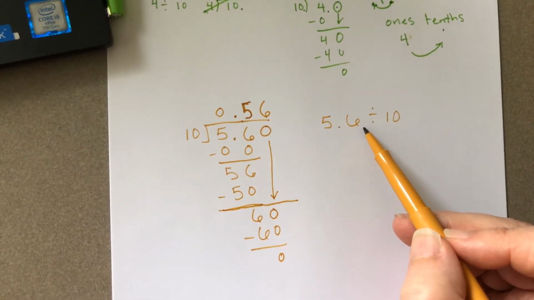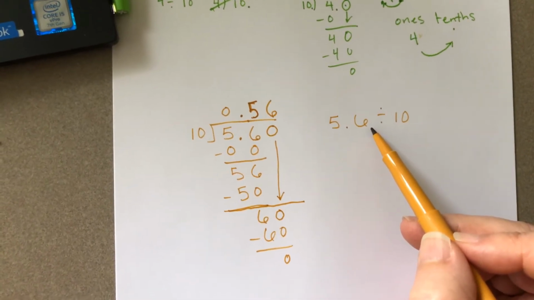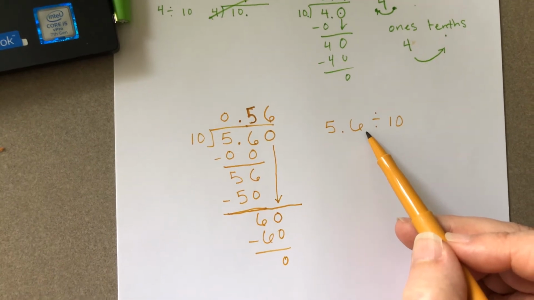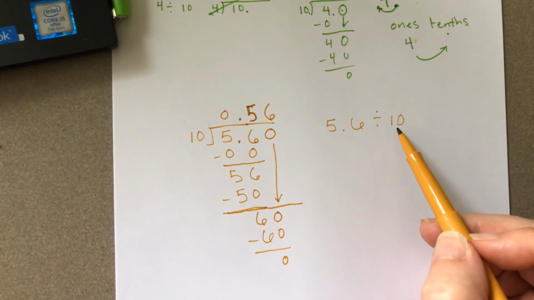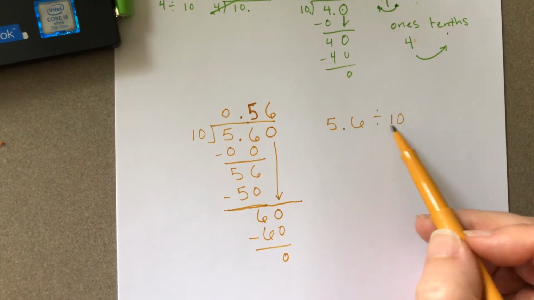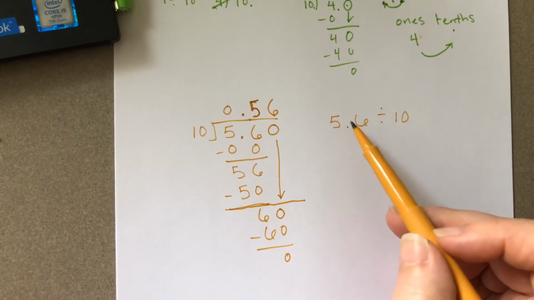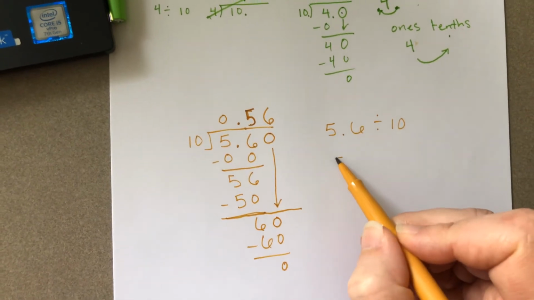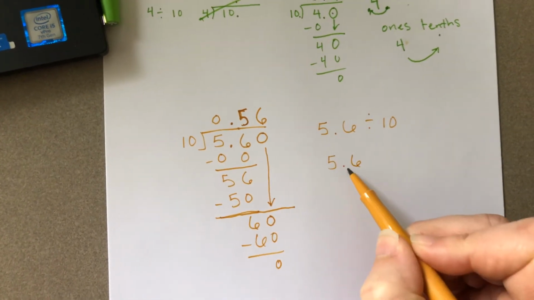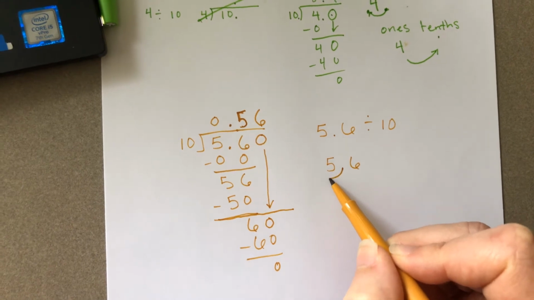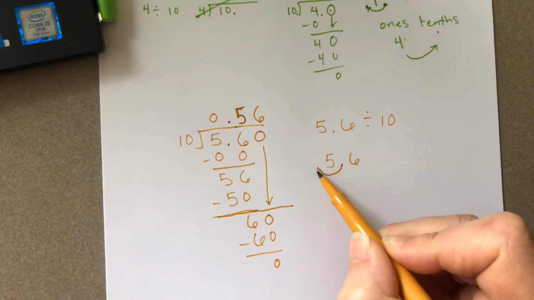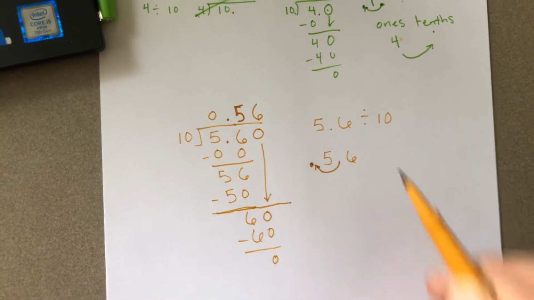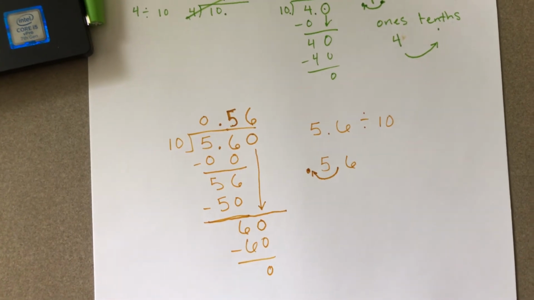But that doesn't make sense because 56 whole is a much bigger number than 5.6 divided by 10. I know it has to be a number smaller than 5. So I know that I need to move 5.6 over 1 place value to make it smaller, which would be like this. So that gives you 0.56.